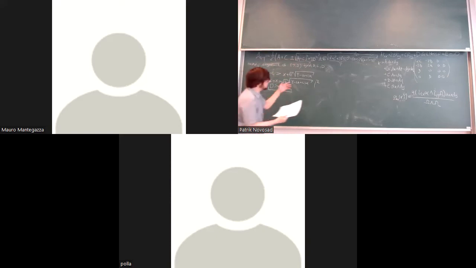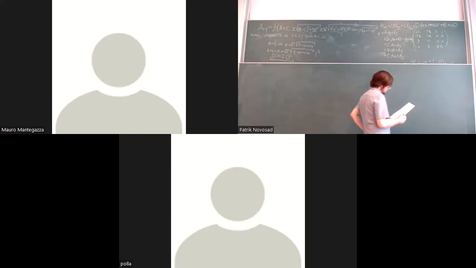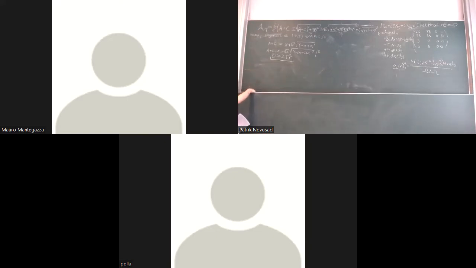So the first two things we tried to work out for this metric were the signature and determinant, and then we tried to see if it can satisfy the Einstein equation. So what is the Ricci curvature of these things? Just calculating.